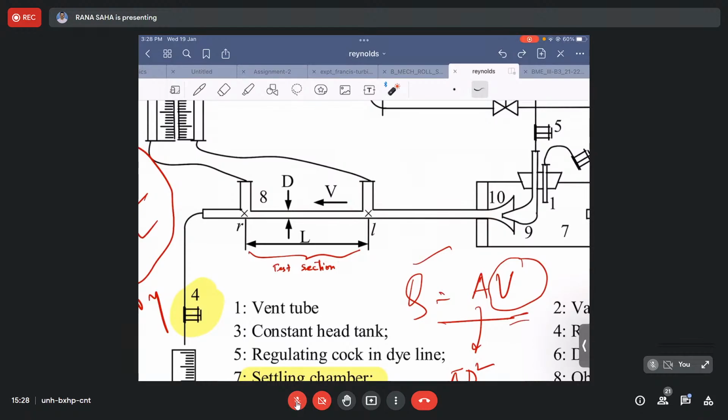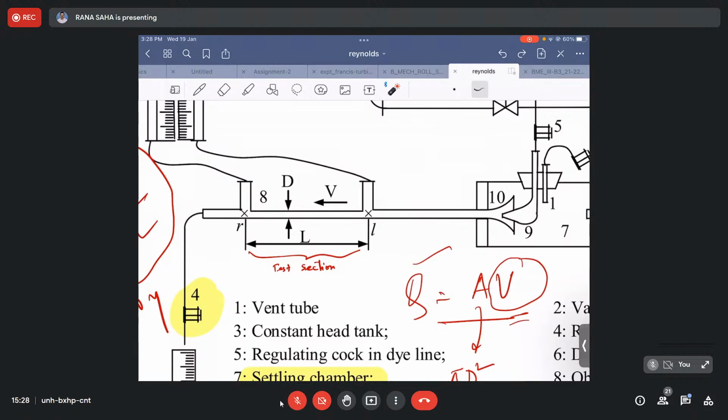How they are behaving within this chamber, or in a broader sense within this entire glass tube, this visualization can now be done, because, as you have said, KMnO4 has a violet-like color. So one can expect the flow visualization to be possible.